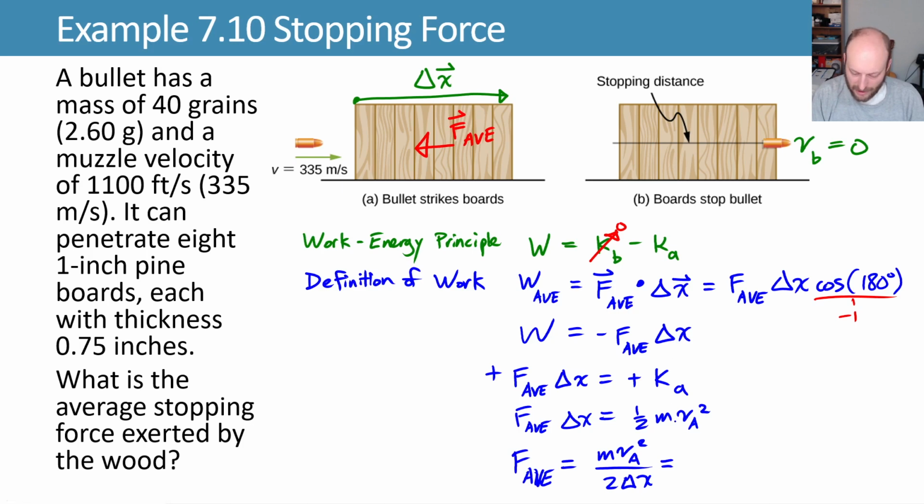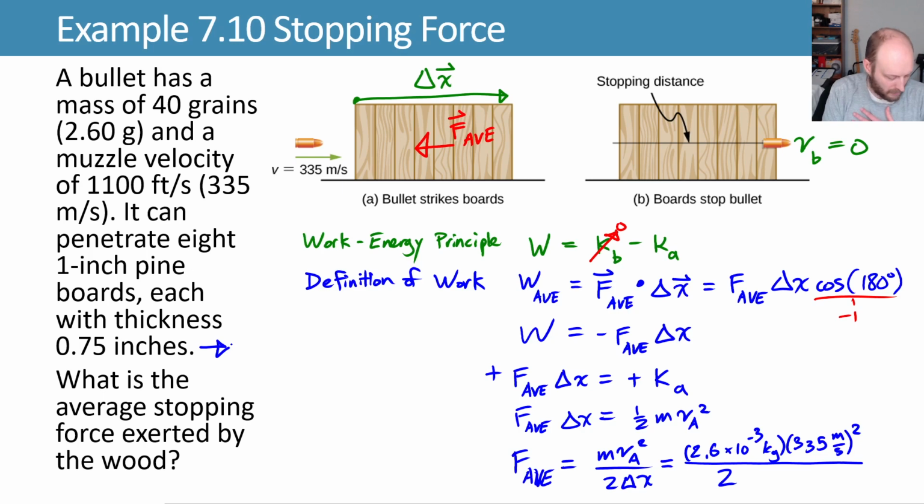Our numbers from the problem statement are 2.6 grams, or 2.6 times 10 to the minus third kilograms. I feel like I should have given myself a little bit more room. v_A is our initial speed of 335 meters per second. And then twice the stopping distance. If we have 0.75 inches, we have to do a little bit more work.